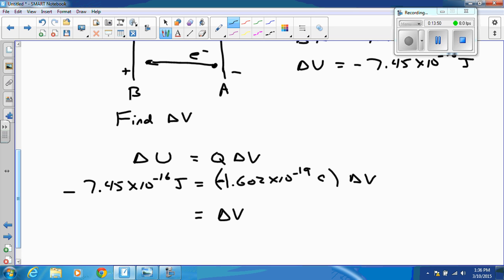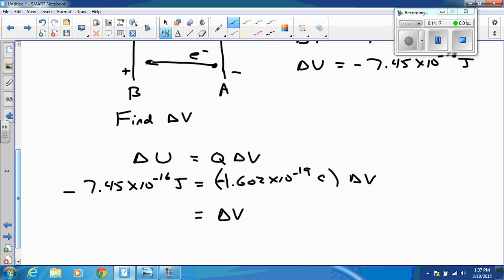On our quiz, will we get the number 1.6 or 9.11? I'll give you the mass of the electron. The charge on the electron is a basic thing that you need to know.